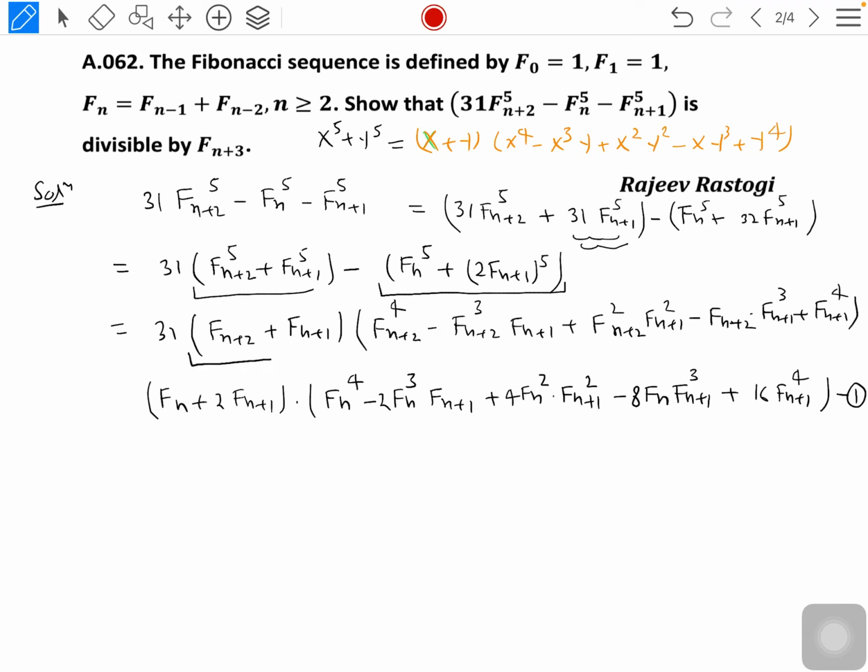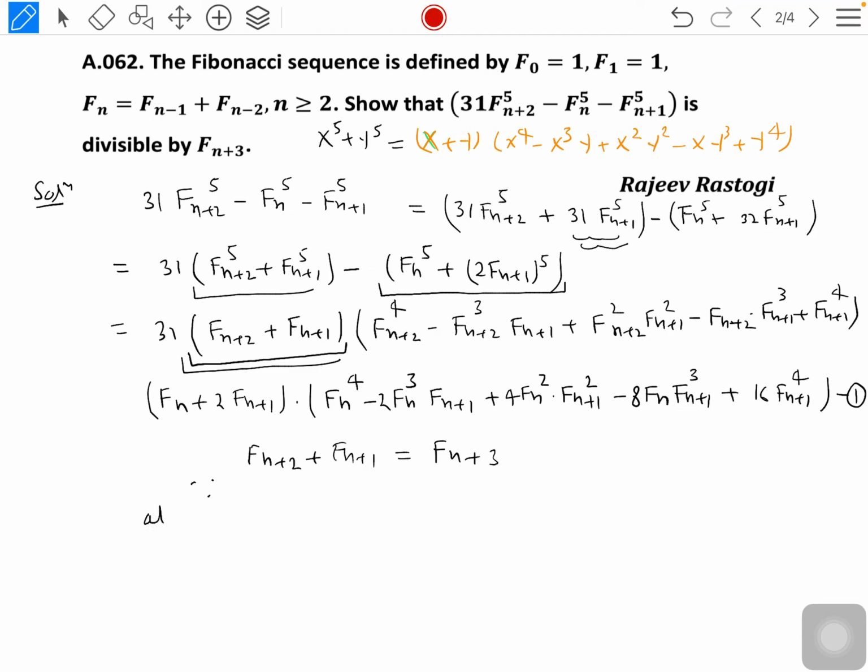Now look at this term, using the recurrence relation of the Fibonacci sequence. f(n+2) plus f(n+1) becomes clearly f(n+3).